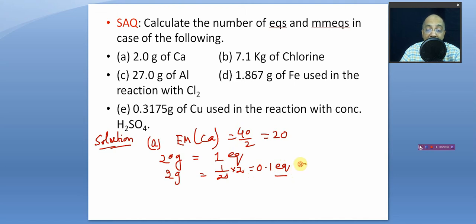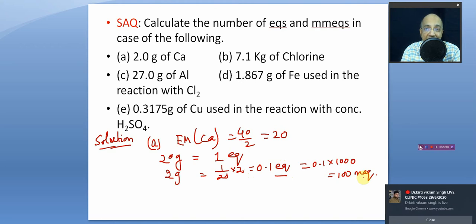And 0.1 equivalent means 0.1 into 1000, that is equal to 100 milliequivalents. We are doing it in the unitary method, and then we will still develop the formula, the relationship: number of equivalents is equal to the mass by equivalent mass. That we'll be doing.